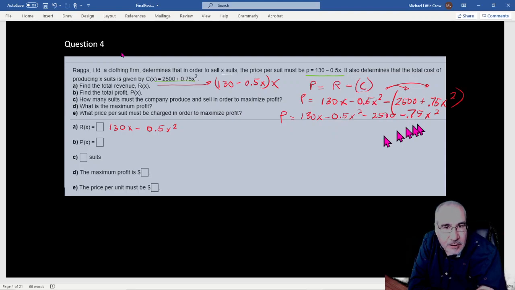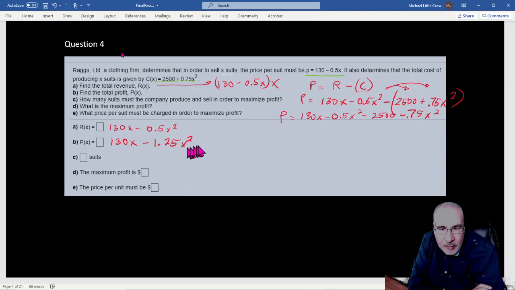I've got all these things right, yes. So our profit function, we'll write it down here, combining like terms. We are going to have a leading 130x. We're going to have a minus and a minus. Combining those, that's going to be negative 1.25x squared. And then we've of course got the fixed costs of $2,500 a month, which includes our rent and everything else.